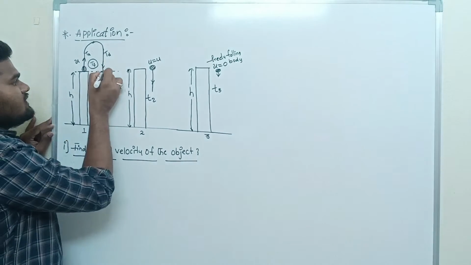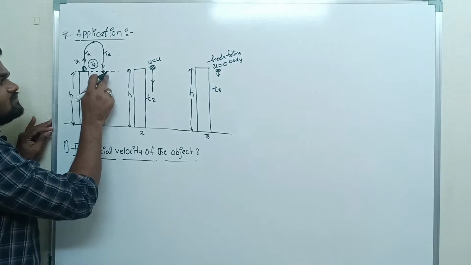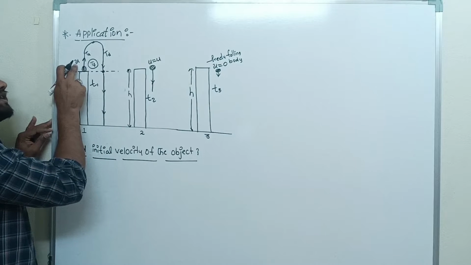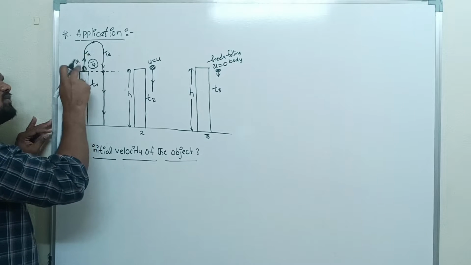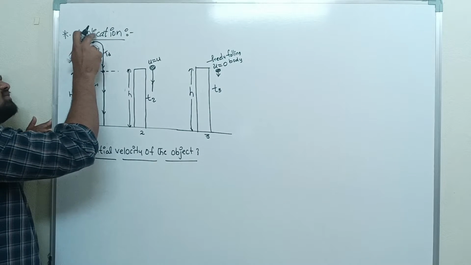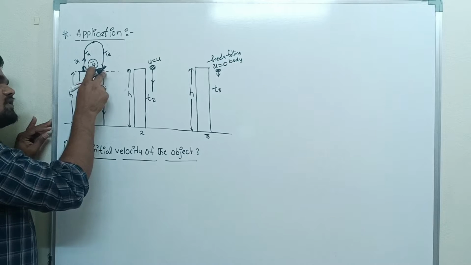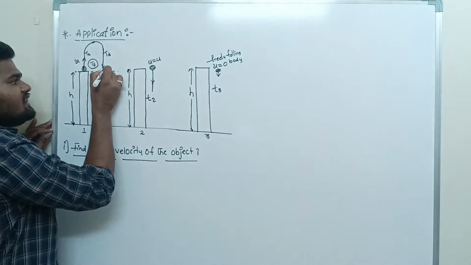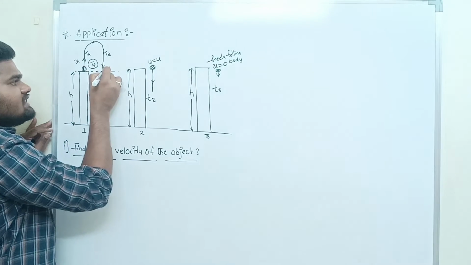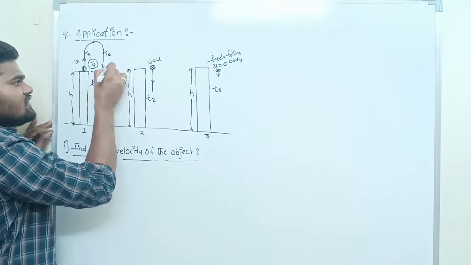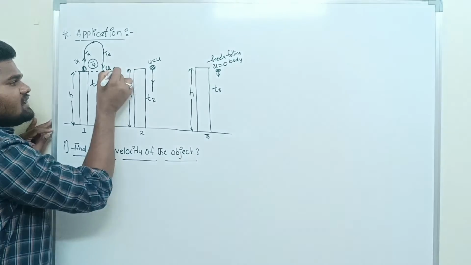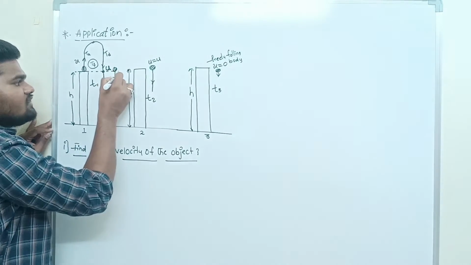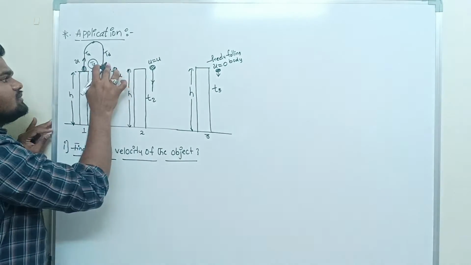Now the object is at the point of projection. With how much velocity did we project this object? With the initial velocity u. So the object reaches the point of projection again with the same velocity u. At this point, the final velocity of the stone is u, and it is moving towards the ground with velocity u.